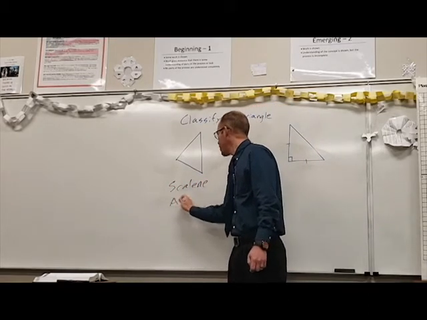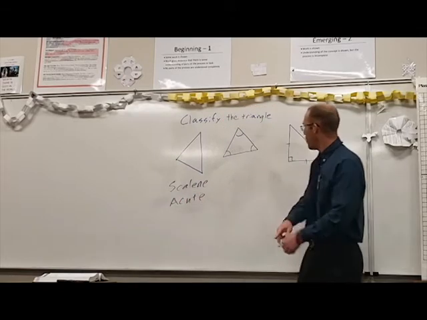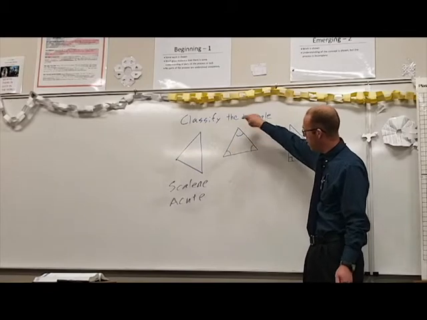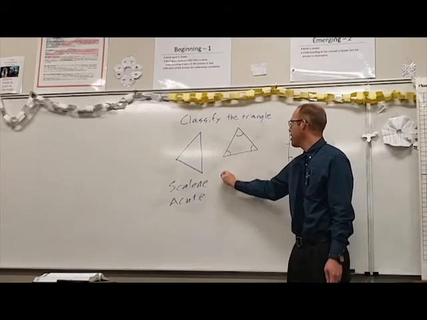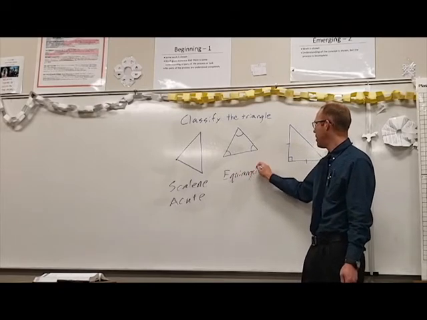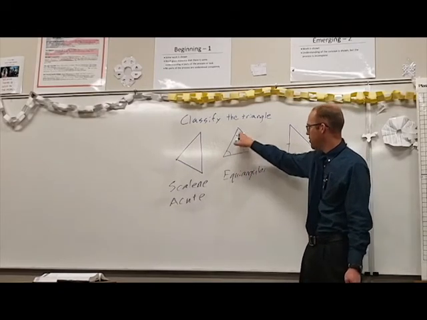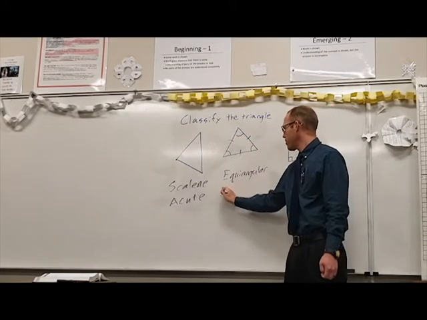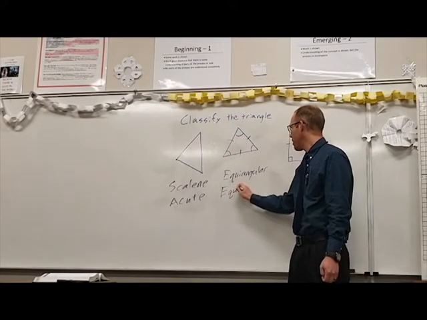and acute. Okay, right here we can see that all three angles are the same measure because of that arc on all three angles. So this is equiangular. And if all three angles are the same measure, then all three sides are also the same length. So this is also an equilateral triangle.